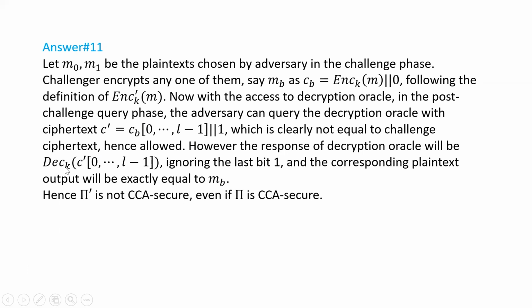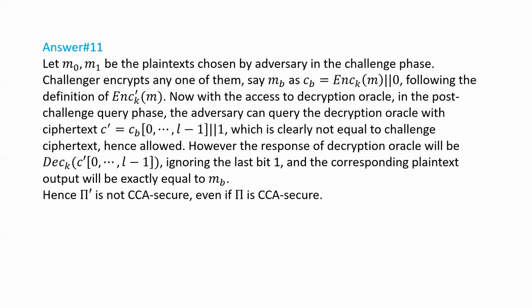In the decryption, only the first L bits are used, and the first L bits of CB and C dash are exactly the same. So whatever is the underlying plaintext value of C dash is equal to the underlying plaintext value of CB. So with probability 1, the adversary can easily recover the underlying plaintext value of CB. So it can distinguish the encryption of M0 from the encryption of M1 with probability 1.